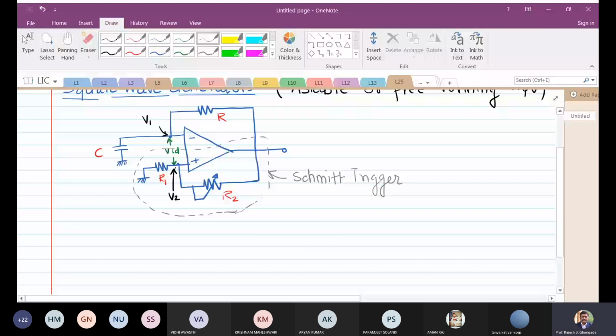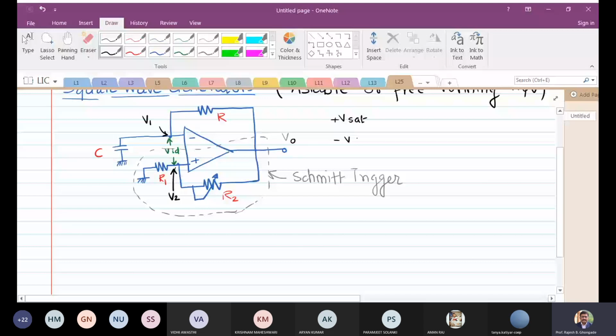So this looks like a Schmitt trigger circuit. Now the output of the op amp in this case will swing between the positive and the negative saturation. At one time it will be plus Vsat and next time it will be minus Vsat. So it will swing between these two limits.